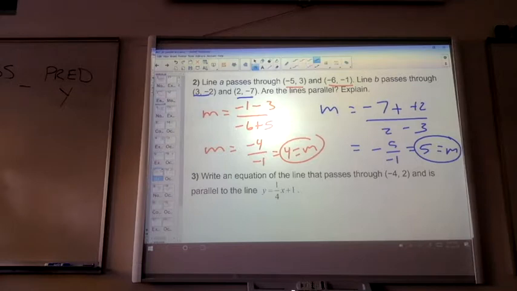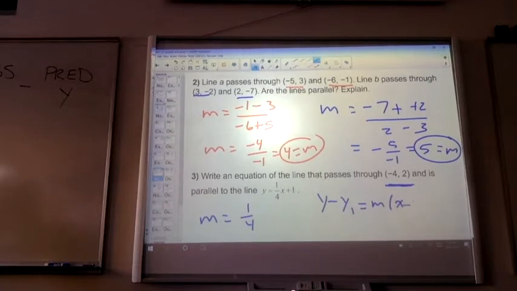All right, write an equation. There's that word again, equation. Doesn't mean we have to write it in slope-intercept form, or can we use point slope? I'd say use point slope. So here's my point. What's my slope of this given equation? 1/4. So then I'm going to use my point slope. I'm going to get y minus 2 equals 1/4(x plus 4).